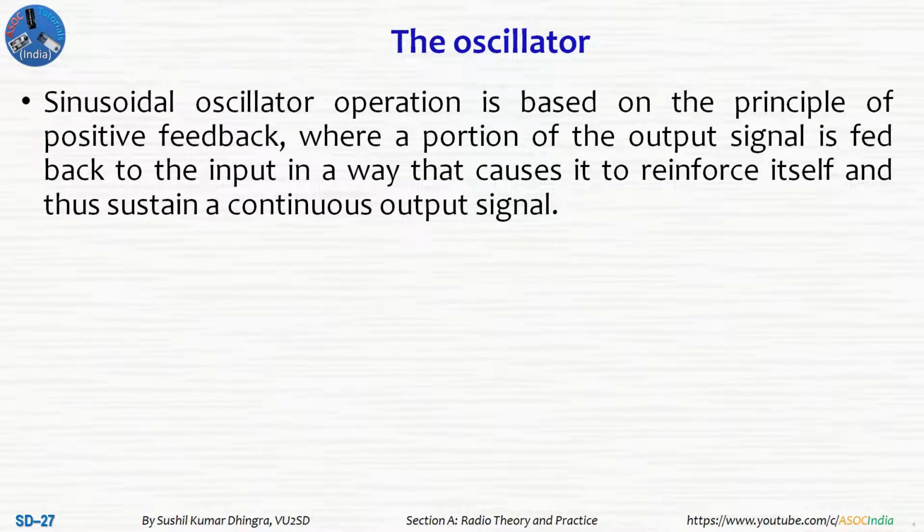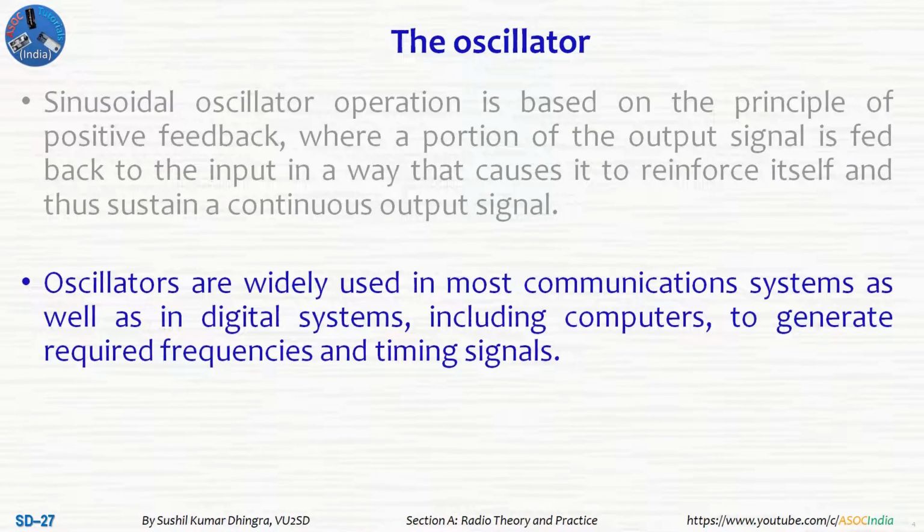Sinusoidal or sine wave oscillators are based on the principle of positive feedback. Just note down positive feedback. This is the objective question, where a portion of the output signal is fed back to the input in a way that causes it to reinforce itself and thus sustain a continuous output signal for infinity, as long as the DC is available.